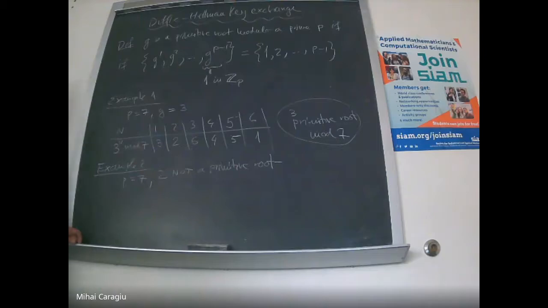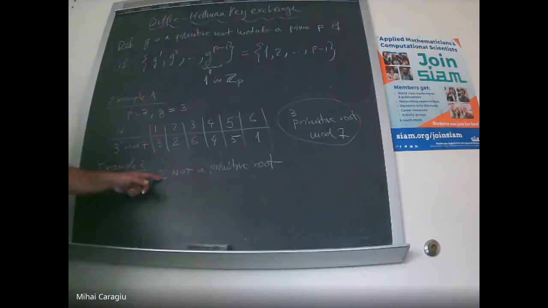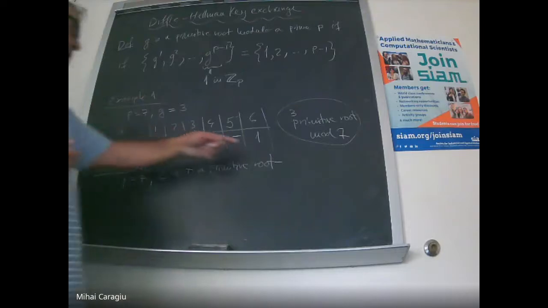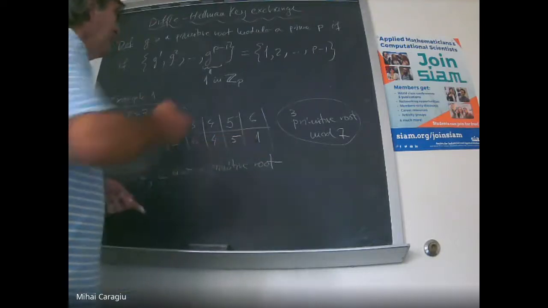In other words, there is a power of 2 of a non-zero element in ZP that is 1 earlier than the 6th power. The problem with primitive roots is that we don't want to get 1 earlier than 6. So look at 3 here. The first time that a positive power of 3 is 1 is the 6th power, which is P minus 1, 7 minus 1.